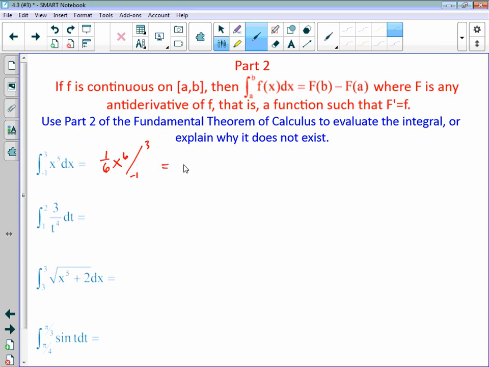And then you're going to plug in 3. And then you're going to subtract, and you're going to plug in -1. Okay, so 3 to the 6th, we're doing 3 times 3, which is 9, times 3 times 3, which is 9, times 3 times 3, which is 9. So 9 times 9 is 81, times 9 would give you, does that seem right?